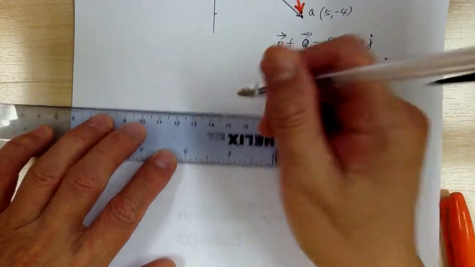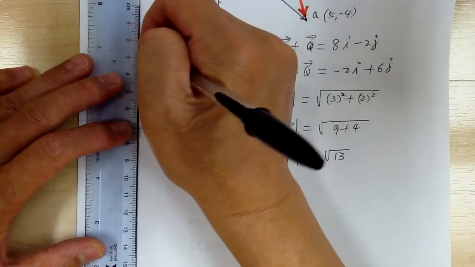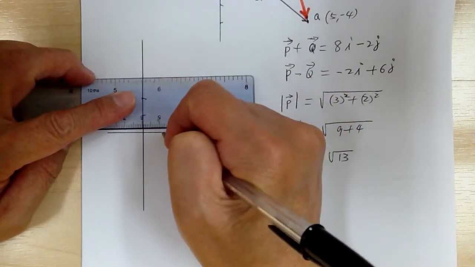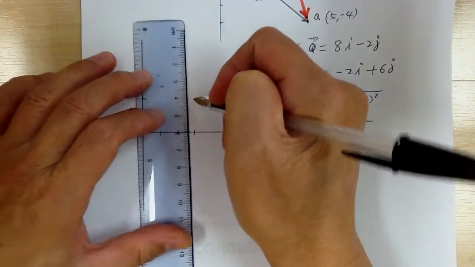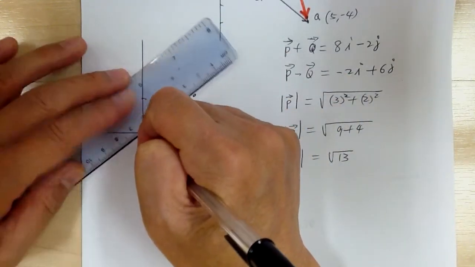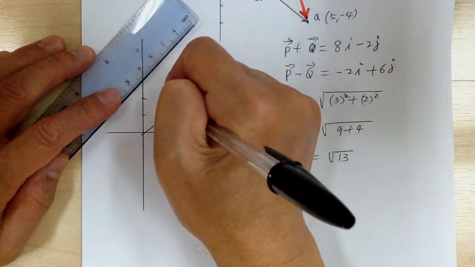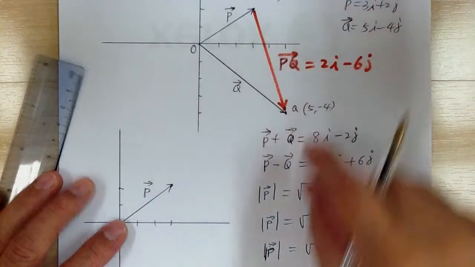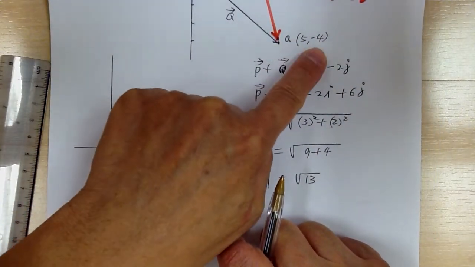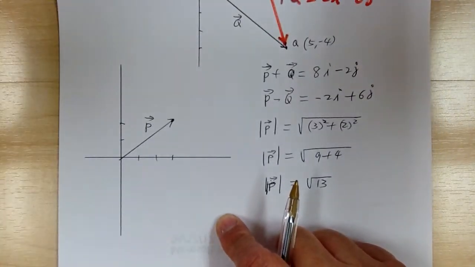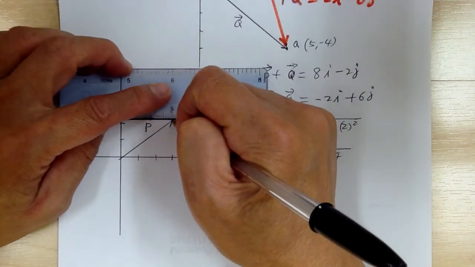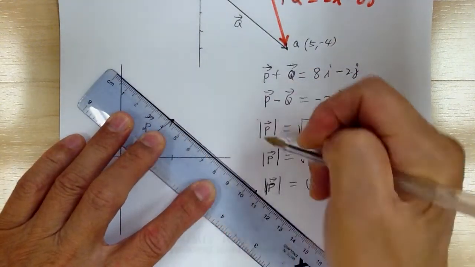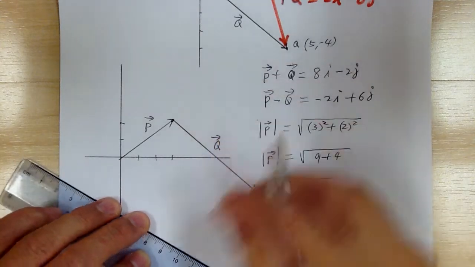So you need to draw the P plus Q. So this is the vector P, and to Q, right? You want to slide the Q over. So Q is 5, -4, right? So from here, you go 5, and you go -4. So that's the Q.